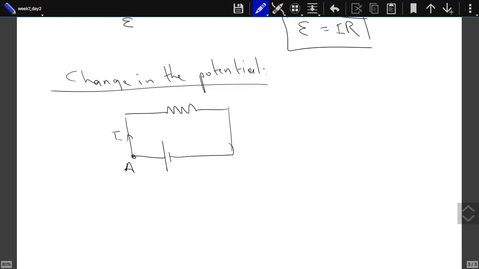Let's consider this point A. Let me also give names to other points, A, B, C, and D. VAA, the potential difference between the point A and the point A, should be 0. But I can also say this as VAB plus VBC plus VCD plus VDA.